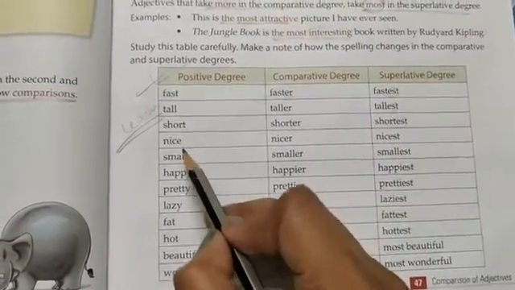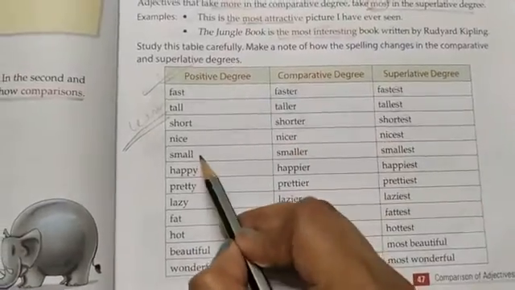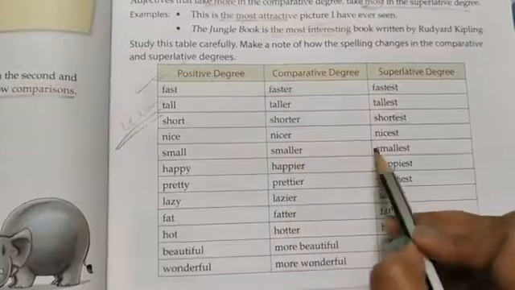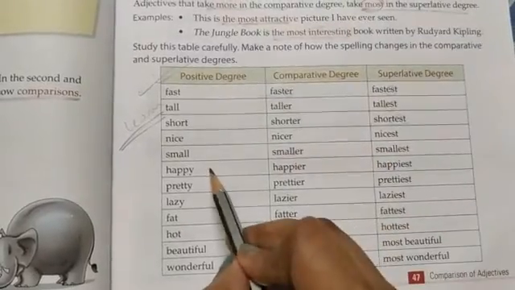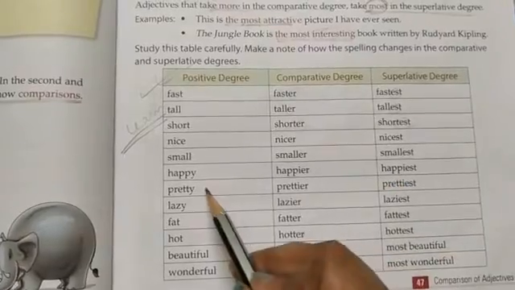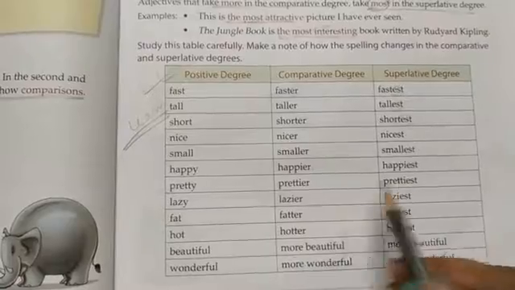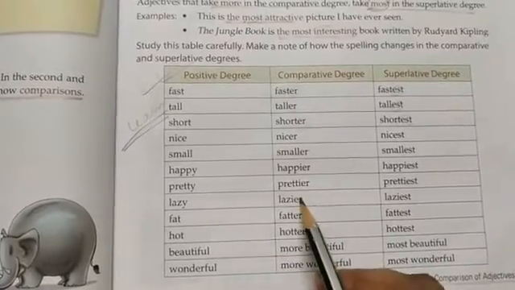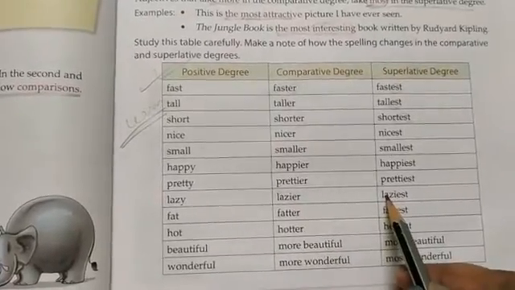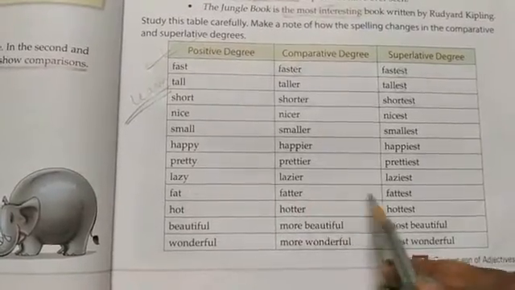Okay. Nice, nicer, nicest. Small, smaller, smallest. Happy, happier, happiest. Pretty, prettier, prettiest. Lazy, lazier, laziest. Then fat, fatter, fattest.